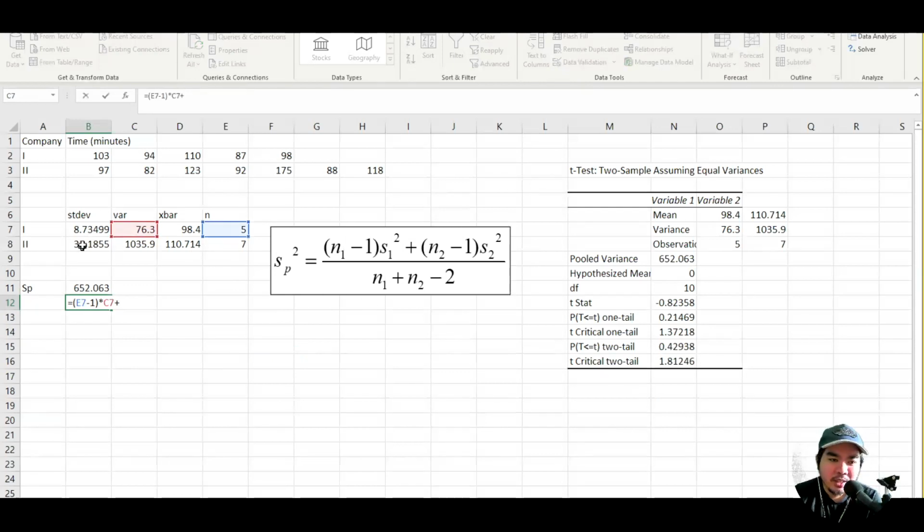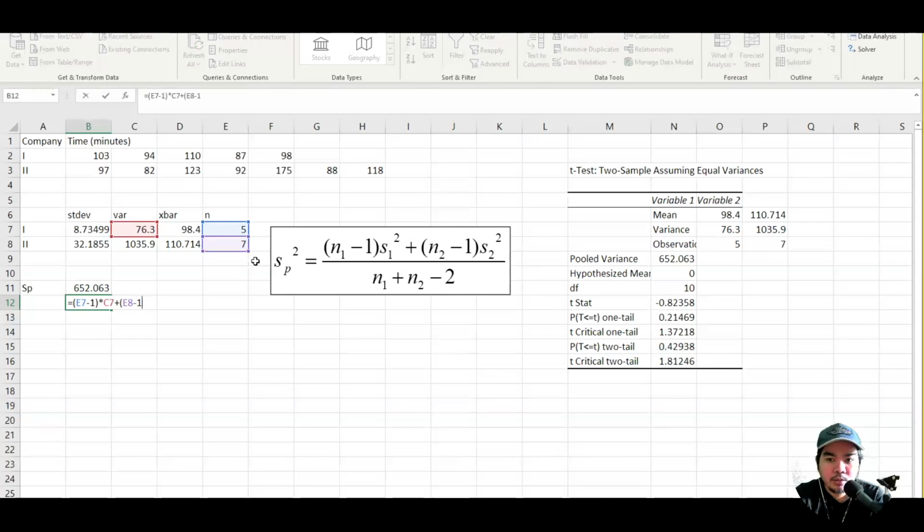Hindi na pala necessary itong stdev, class, kasi puro variances pala yung dinedeal natin sa case 4 to 6. So pwedeng instead of finding stdev.s, dapat var.s na lang ginawa natin.